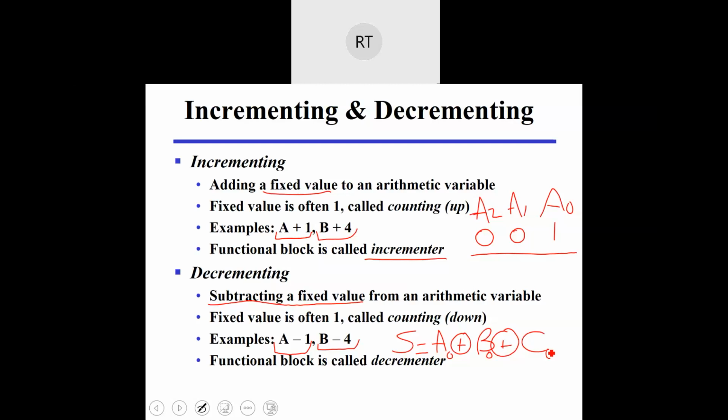Clear? So now in this case, what is A0? You replace S, it is A0.